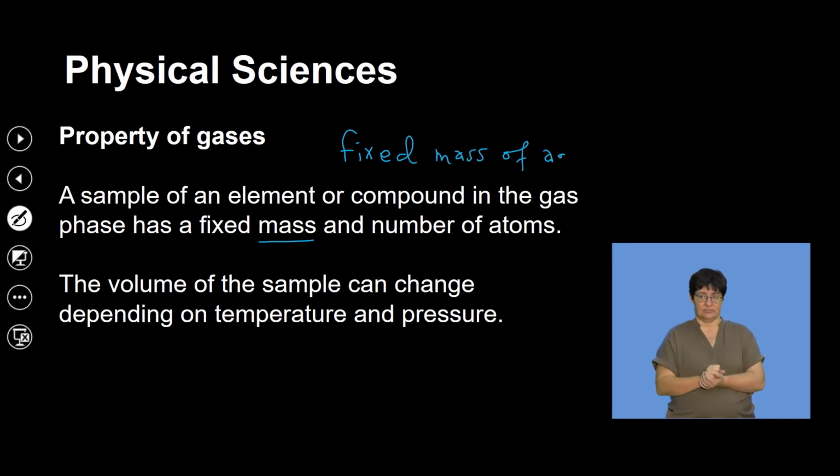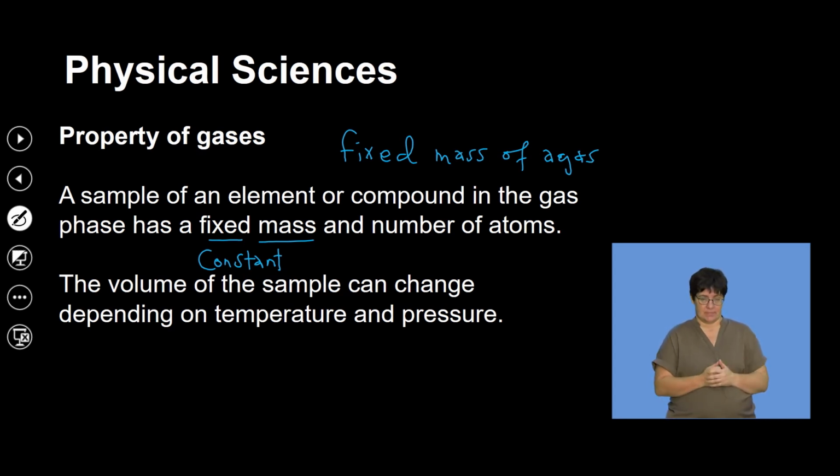We know that gas particles move very fast, have high kinetic energy, and fill all the spaces, but what doesn't change is the mass. If the mass is fixed, it's constant. So the amount of matter that makes up a gaseous substance is the same.